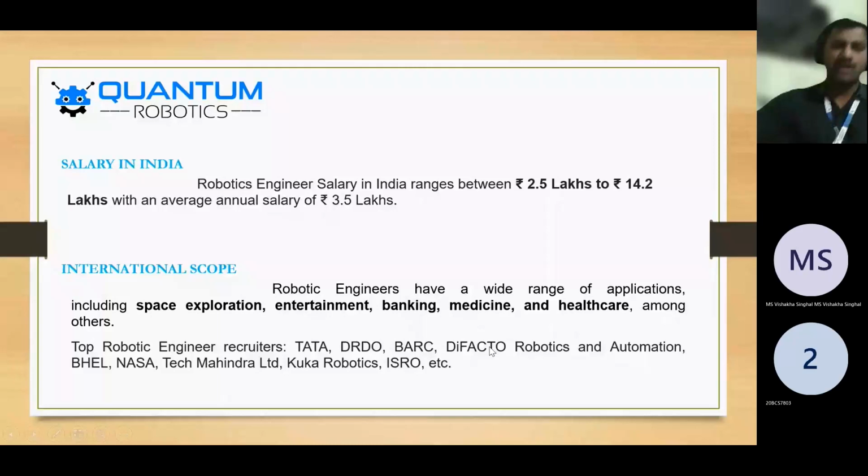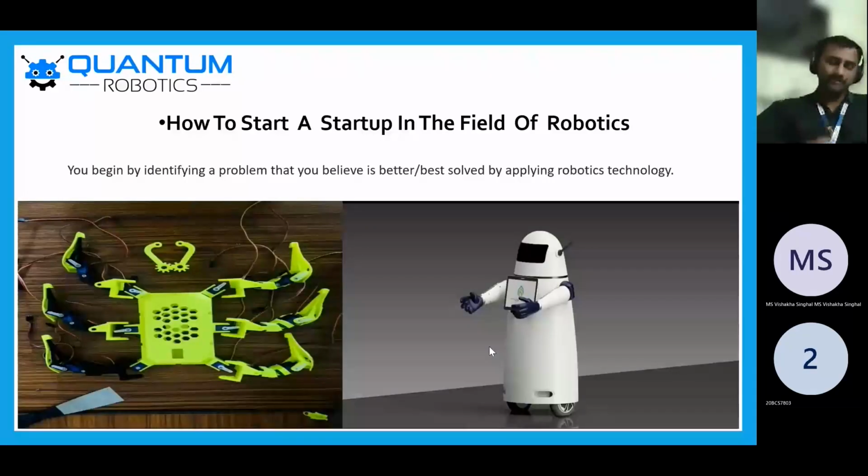Okay, guys, how do we start a startup in the field of robotics? It's not a big deal. Firstly, if you want to start a startup in the field of robotics, you have to understand the gap between technology and people. What exactly are people looking for, what technology?